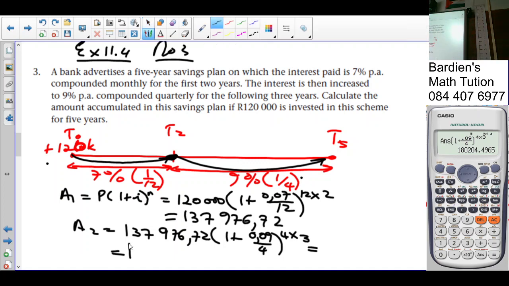That's fairly high, no? Is that correct? 180,204.5. So we will have at the end of 5 years 180,204.50.